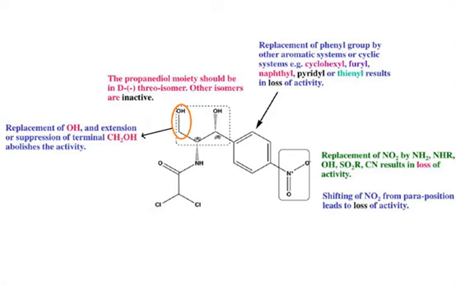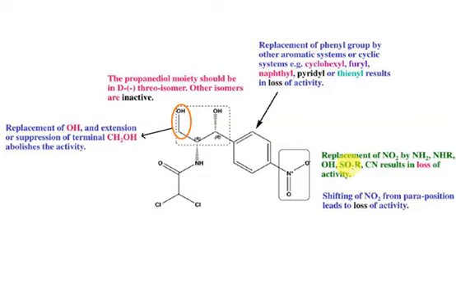Another example here, so here we have a structure, right? Just see the functional groups here, starting from the nitro group. It has been shown that replacing this nitro by an amino group, a hydroxyl group, a sulfonyl group, or a cyano group results in loss of activity.